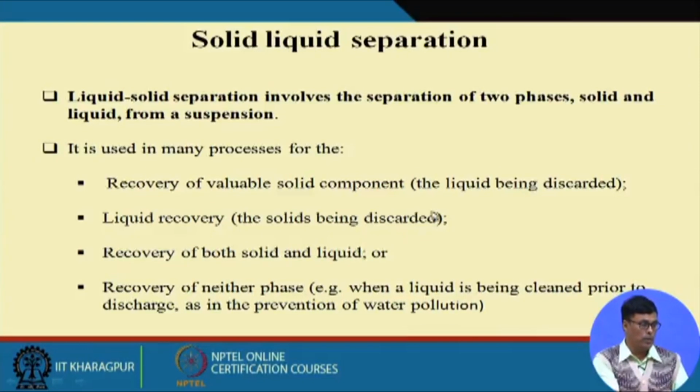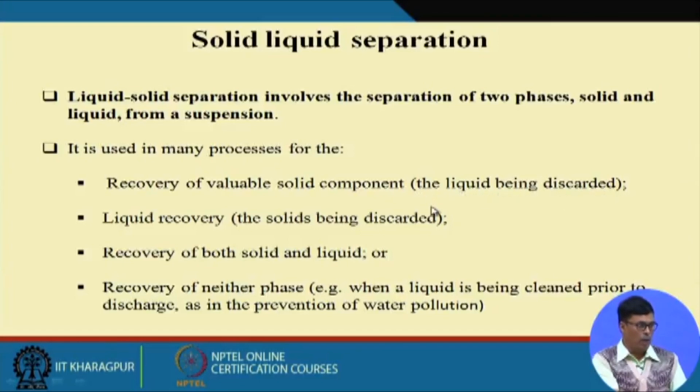Now, in case of the citric acid industry, you get the citric acid in the liquid form. You first precipitate it in terms of calcium citrate. When you precipitate it with the help of lime, the citric acid goes in the form of calcium citrate with a solid mass. Then it is the recovery of valuable solid components, and the liquid is to be discarded.